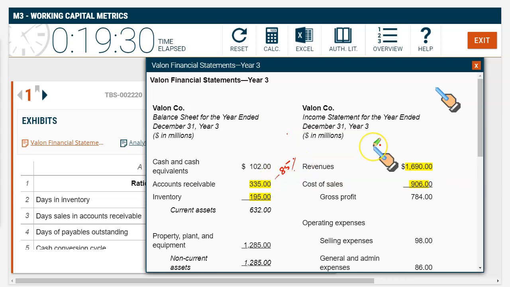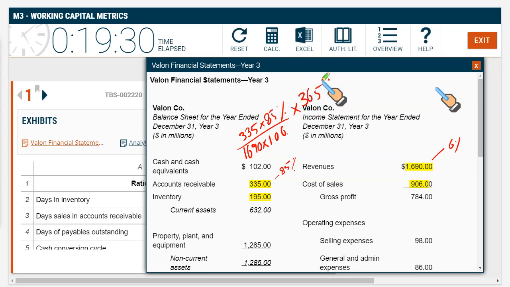At the same time, from the information that you've jotted down, our revenue is going to go up by 6%. So what I'm going to do, I'm going to write 335 times 85%. That's the new balance of my account receivable, and my revenue is going to go up by 6%. It's 1690 times 1.06, and multiply this with 365.